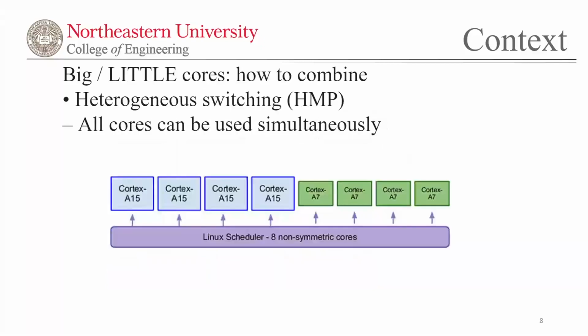And nowadays, the large and small core structure successfully used on ARM, Intel, Apple M1 and M2 chips is heterogeneous switching, HMP. This kind of way to combine big and little cores allowed each core to be used simultaneously.